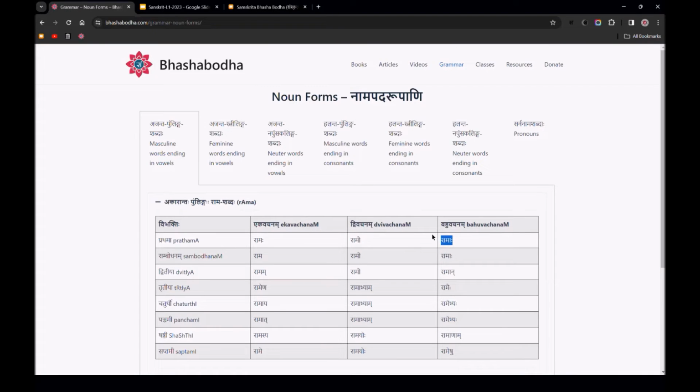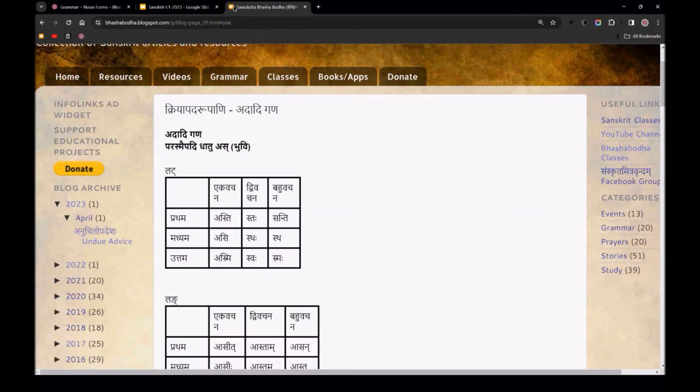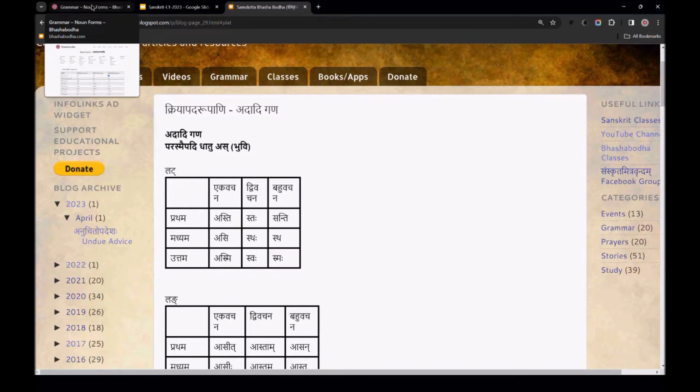And bahuvachana, then we will use the form of bahuvachana noun, balakaha. Then we have to use the bahuvachana verb also, because it has to match the vachana of the noun. So balakaha santi, that means many balakas exist. So balakah asti, balakau staha, balakaha santi. So the kriyapada vachana has to match the vachana of the noun to which it is referring.